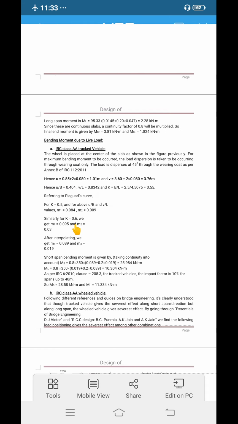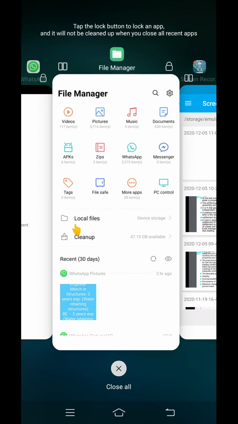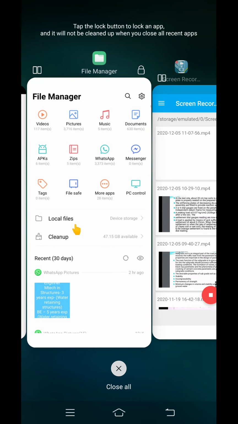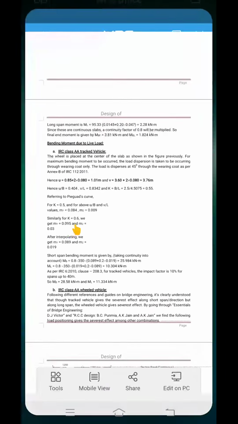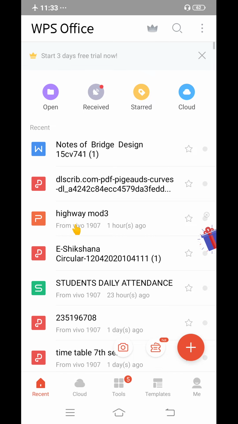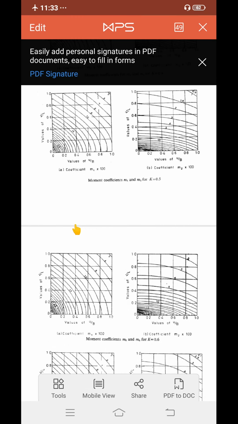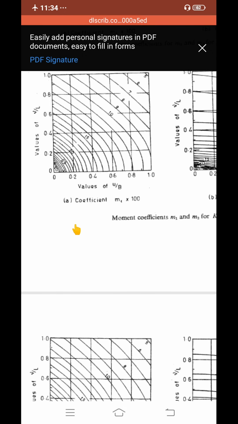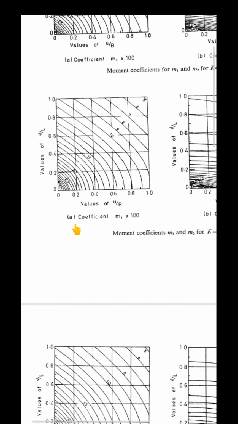So we'll go there. k equal to 0.5, u by b ratio, how much is it?